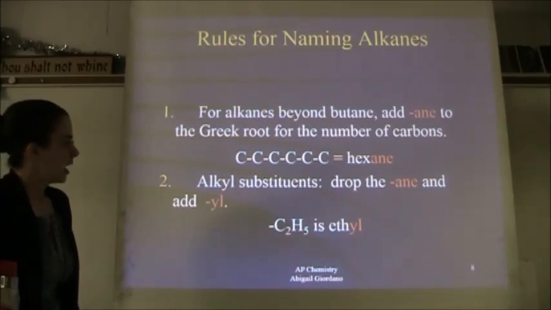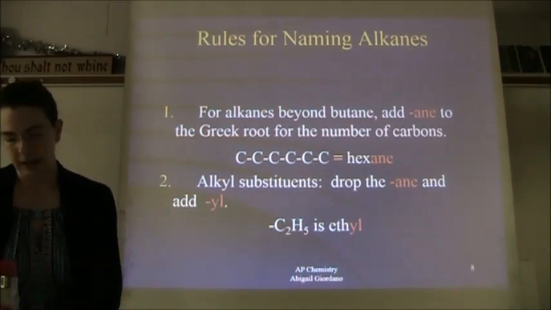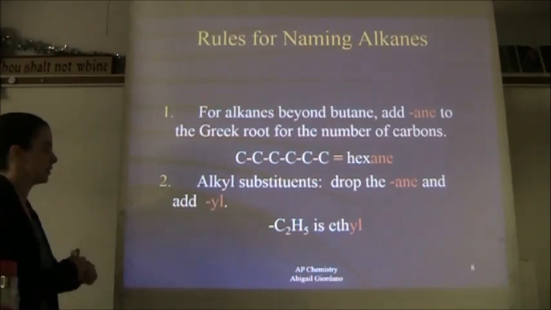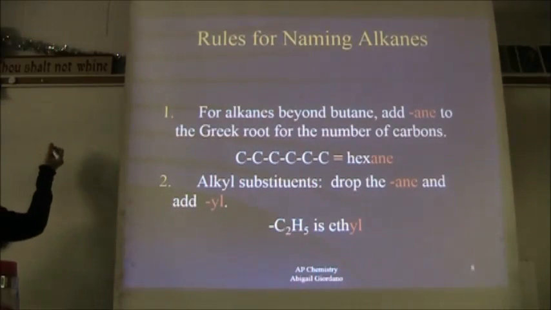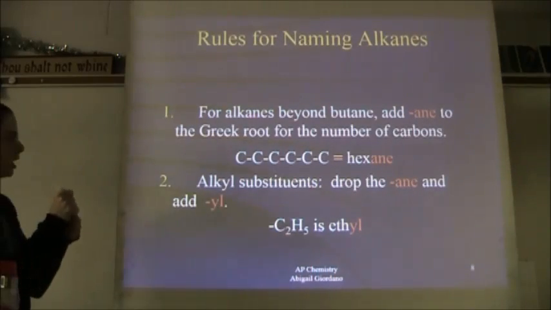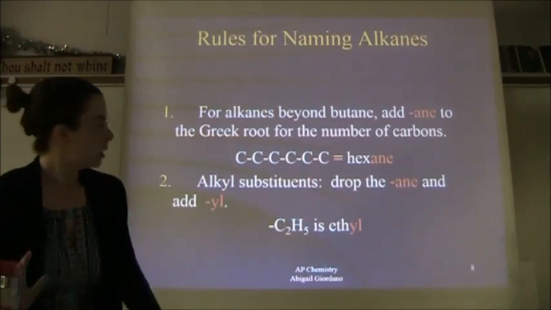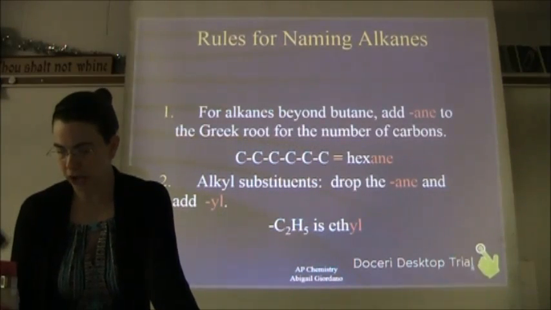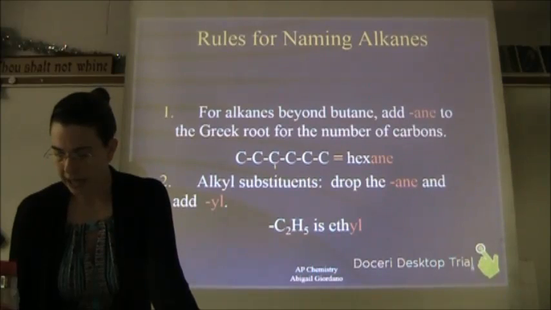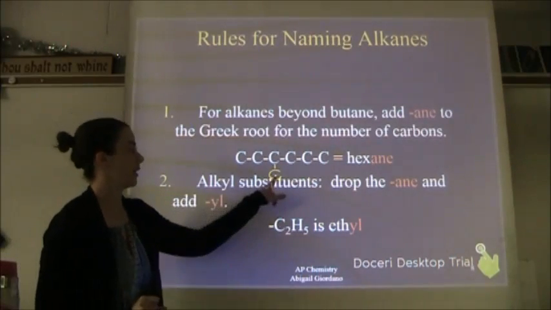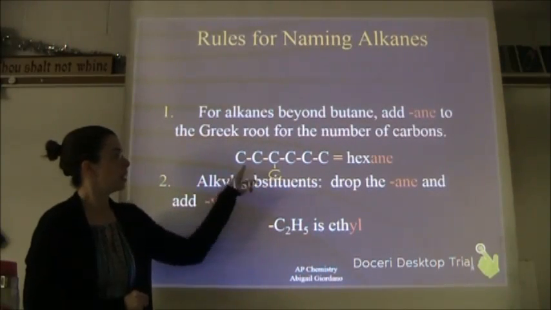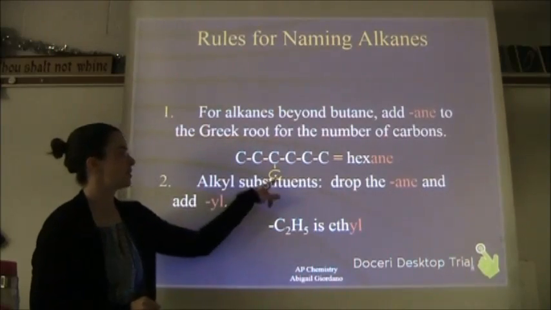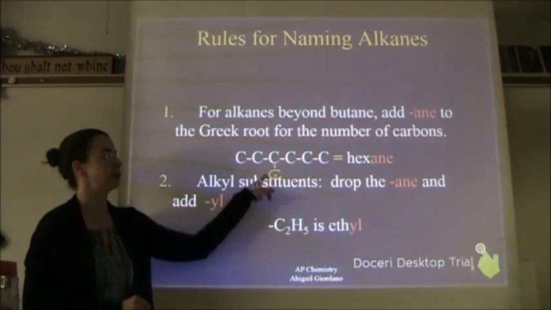If you had, let's see, I can just do it up here. To this 6-carbon chain, let's say that's my main chain, I have a carbon attached right there. Here's the main chain. This is attached to it. This is an alkyl substituent.